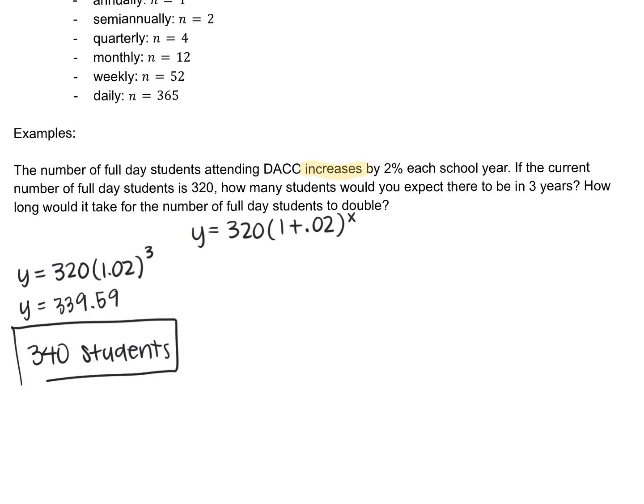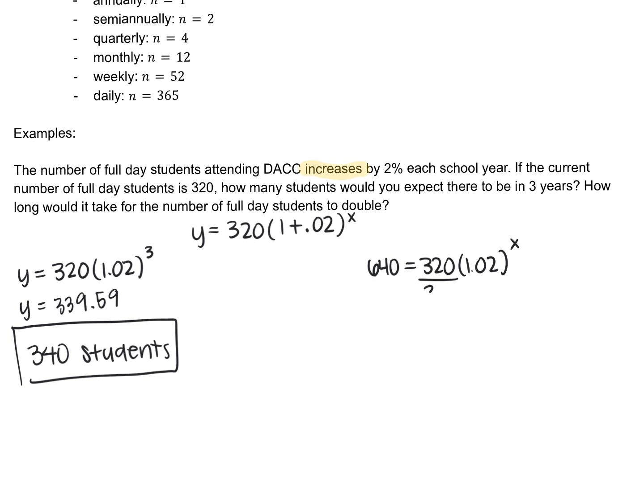The second question asks us, how long would it take for the number of full-day students to double? So we're doubling our initial amount of 320, and double of 320 is 640. So now we're going to have 640 equals our initial amount, 320, and then our 1.02 to the x.